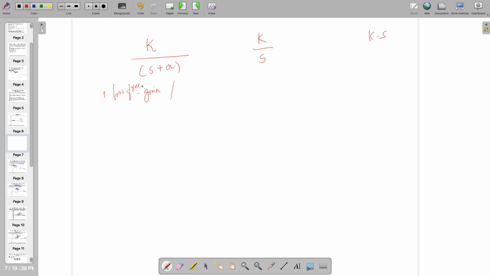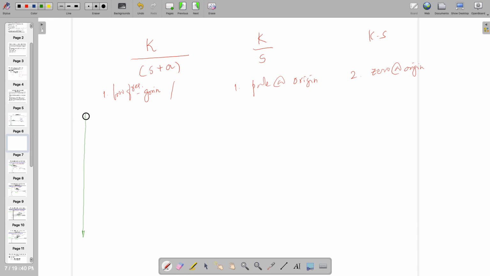Here you have pole at origin, and here you can have 0 at origin. So in that case, you may have to start with a different start of the magnitude plot.